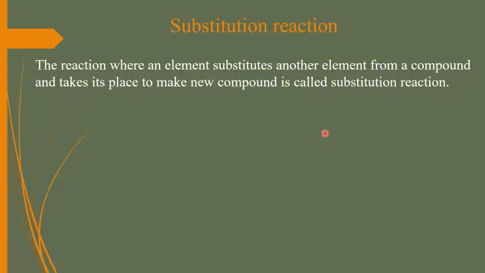Here zinc reacts with copper sulfate and produces zinc sulfate and copper. Actually, zinc substitutes copper from its position and takes the place of copper. So zinc comes here, so it produces zinc sulfate and copper becomes separated. So this is substitution reaction.